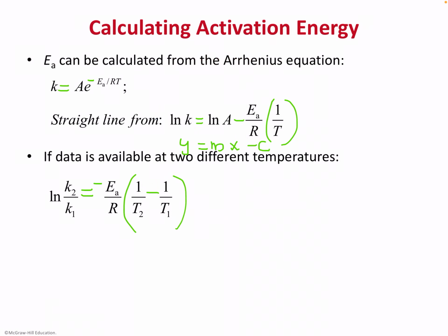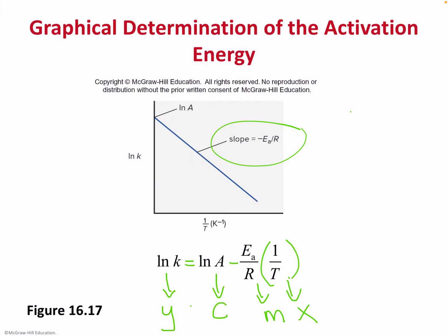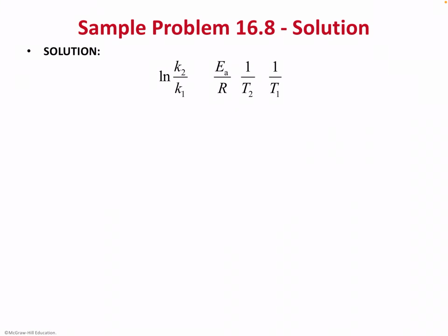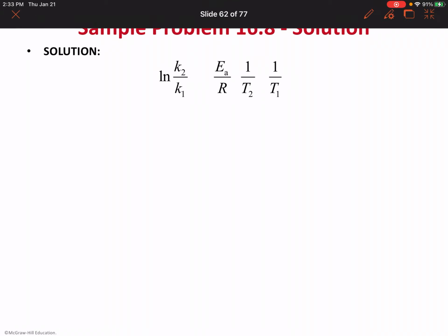So we're going to use this equation: ln k2 over k1 equals negative Ea over R times (1 over T2 minus 1 over T1) to solve this problem.